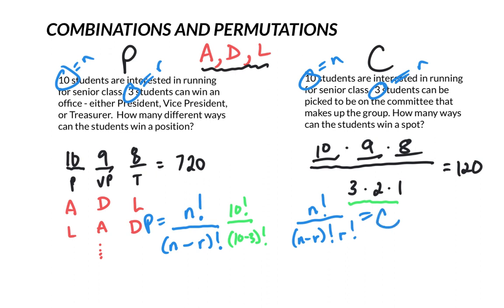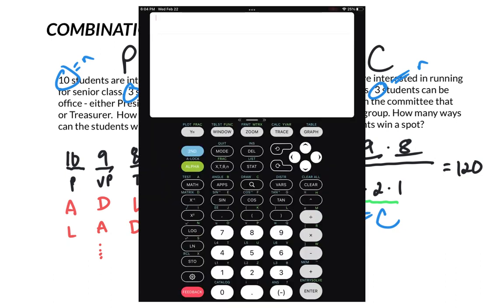I want to also show you how to do this on the calculator. All right, so this should look like a TI-83 or 84. You are going to press the math button and go over to PROB for probability and choose nPr for permutation. And then you just fill in these little subscripts, 10 and 3.